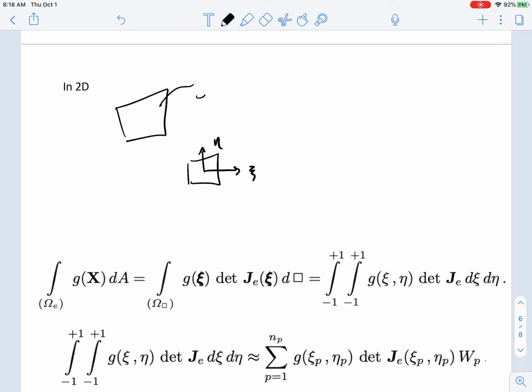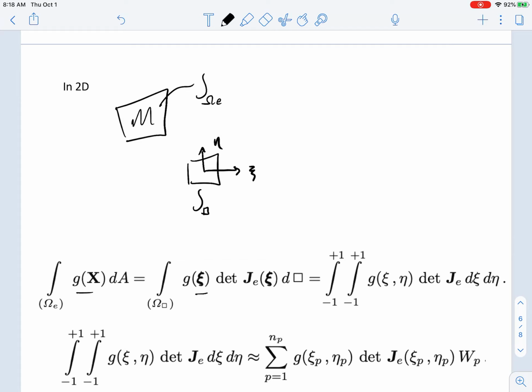So we have some domain and we have the parent domain. And then we want to do integrals here. We want integrals over the element, but we are going to do integrals over the parent domain. In this case, we need the determinant of the Jacobian.